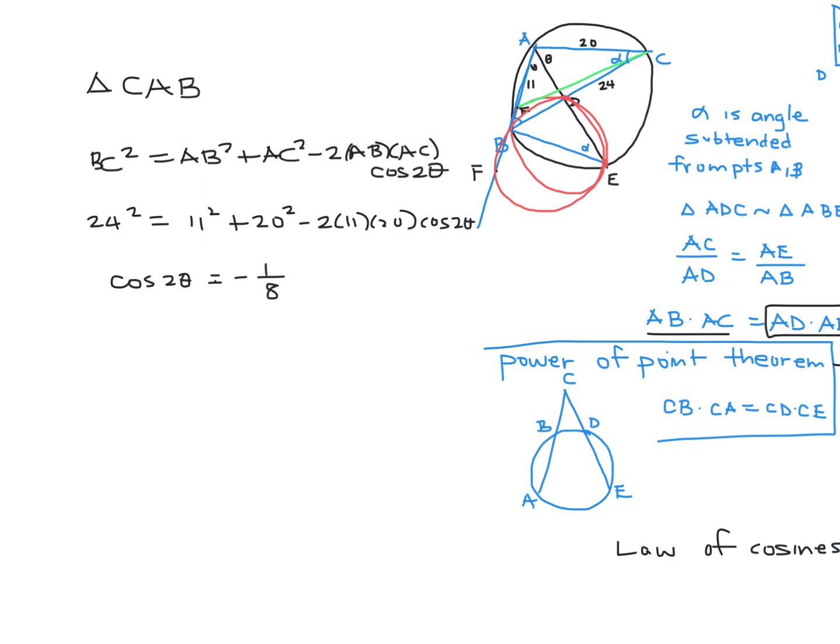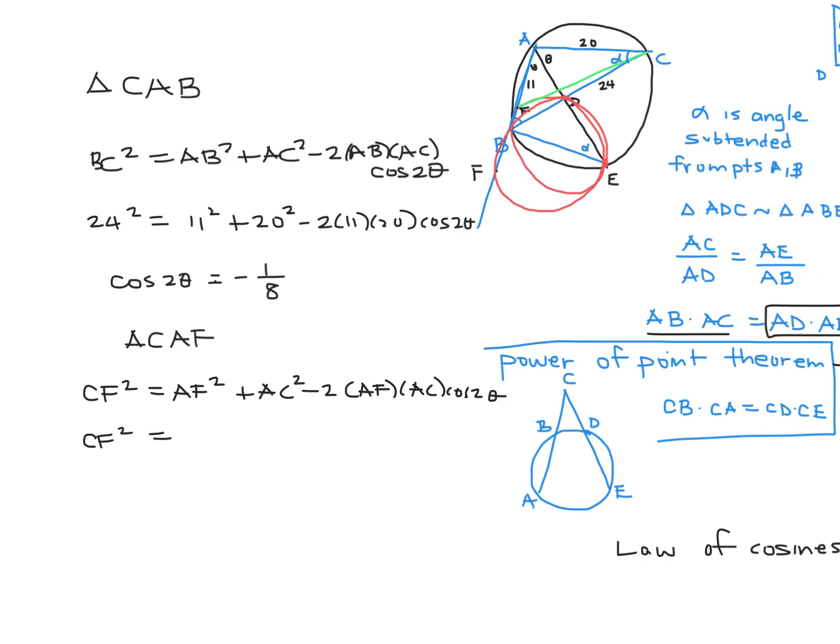And then finally, you do the law of cosines again, but this time on one final triangle, that's CAF. CAF is going to help us figure out what is CF. So that means CF squared is equal to AF squared plus AC squared minus 2 AF times AC cos, this time again 2 theta. So CF is what we are trying to figure out.